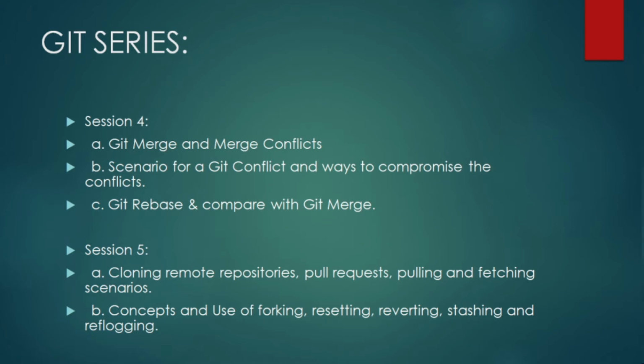In session 5, I'm going to talk about cloning remote repositories which already exist on platforms like GitHub or GitLab, where we can get pull requests, pulling and fetching scenarios. We also are going to learn about the concepts and use of forking, resetting, reverting, stashing, and reflogging. So that's the overview of the Git series we will be going through.